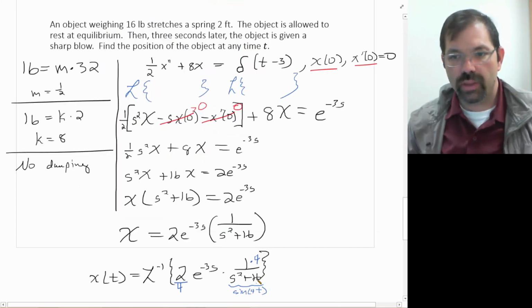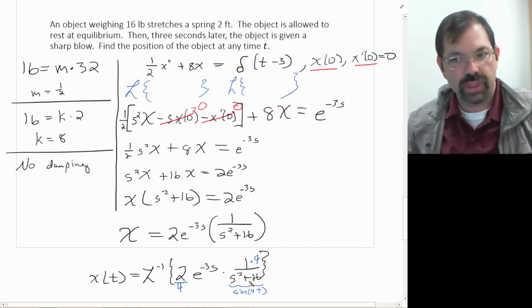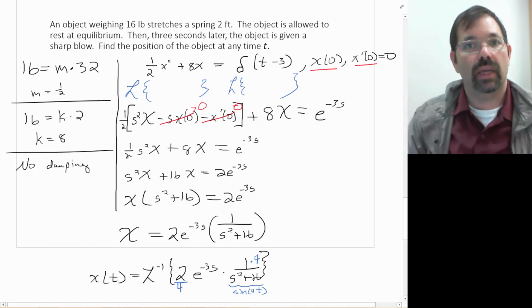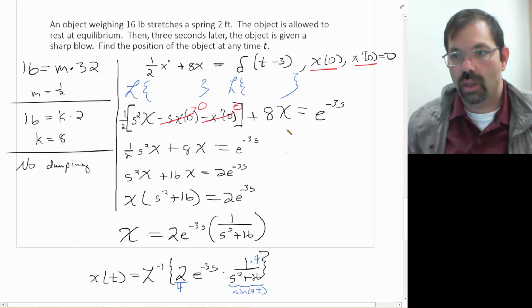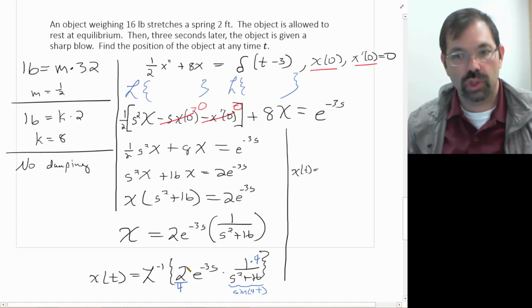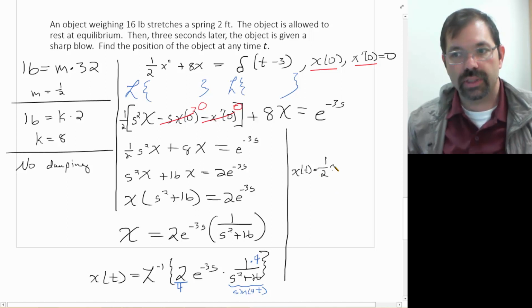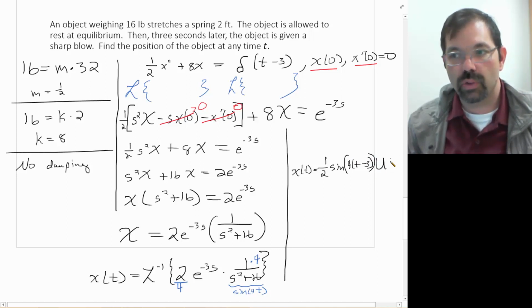So bringing that back up, now I know it's going to be a sine of 4t, but it's not t, it's t minus 3. And so then x of t will be 2 over 4, 1/2, and then I'll have sine, not of 4t, but of 4 times t minus 3. And I need to multiply this by the unit step function of t minus 3.